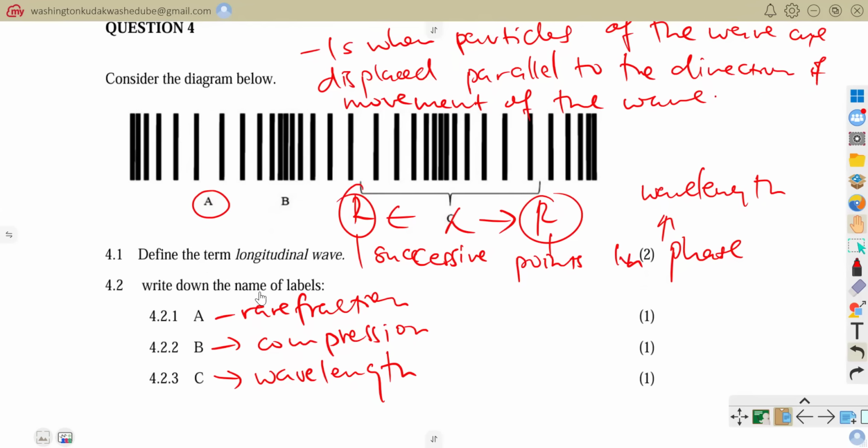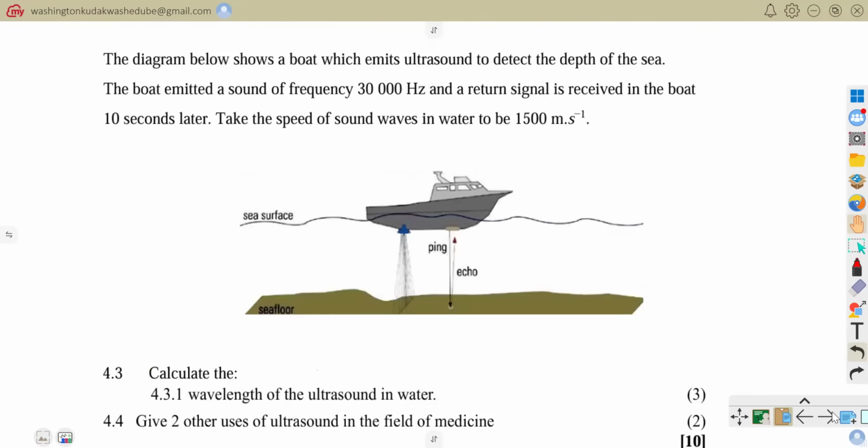Those were the answers for question number 4 up to here. So question number 4 continues to 4.3 and 4.4 to make a total of 10 marks. For question 4.3, we are given a paragraph which says, the diagram below shows a boat which emits ultrasound to detect the depth of the sea.